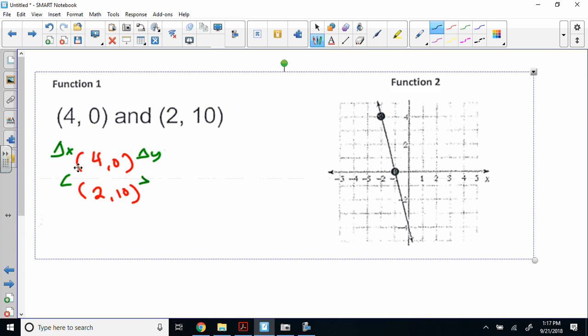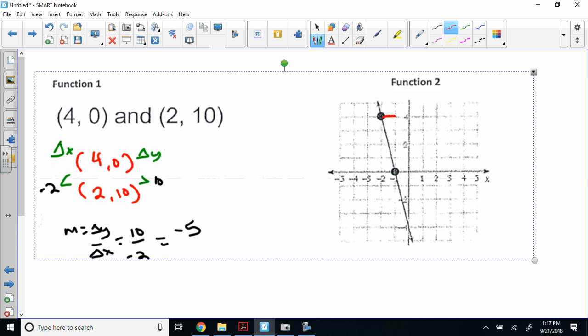Okay, so from 4 to 2 is a change of 2, but it's a negative 2 because it's going down. Do y'all understand that? 0 to 10 is a change of 10. It's going up the number line, so that's positive. So slope is the change in y over change in x, which is 10 over negative 2, which simplifies down to negative 5, right?